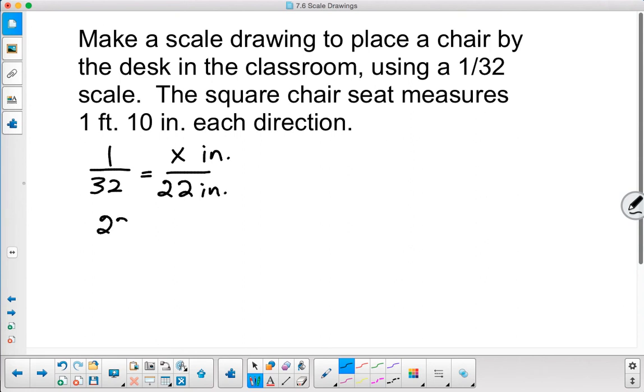Cross multiplying. Divide. I'm going to just do this one in fractions. 11/16 inch is what X is. That said, this chair is square. So the chair is going to be 11/16 of an inch by 11/16 of an inch.